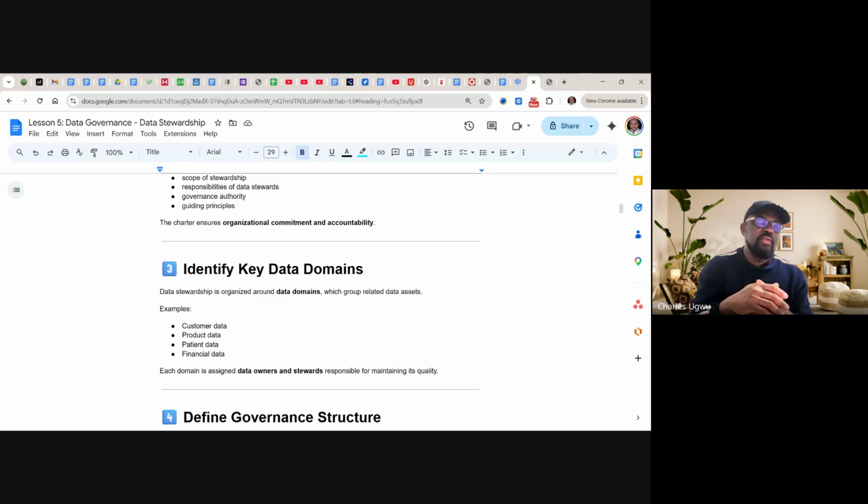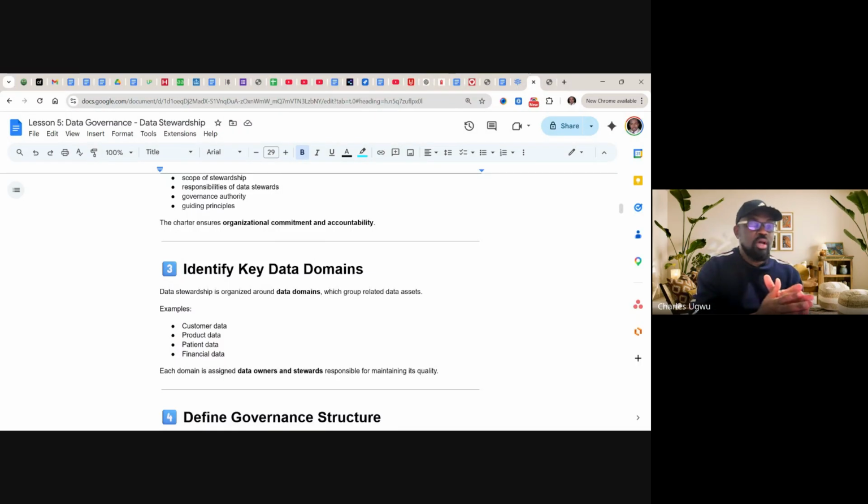Then, identify key domains. Data stewardship is organized around data domains, which group related data assets. So it groups data under different categories. For example, we have customer data, which is a domain. And then we have the product domain, that's product data.